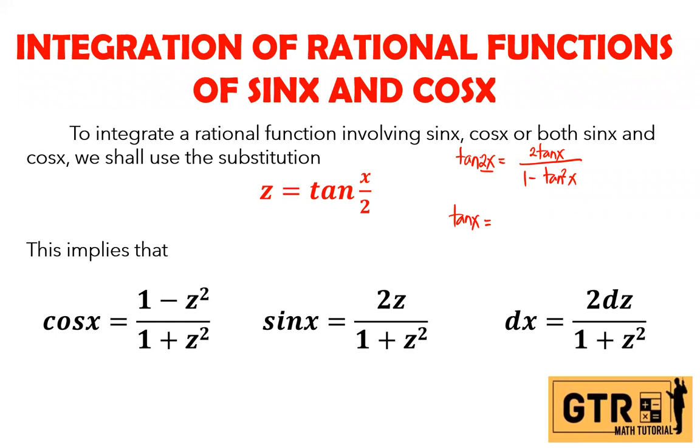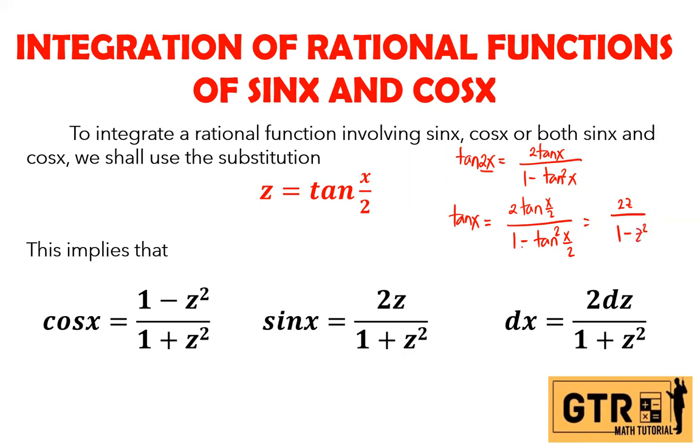Here the angle is 2x and the right side is tangent of 1/2 of the 2x. So we have 2 tangent x over 2 over 1 minus tangent squared x over 2. The value of x over 2 is z. So therefore, tangent x is equal to 2z over 1 minus z squared.